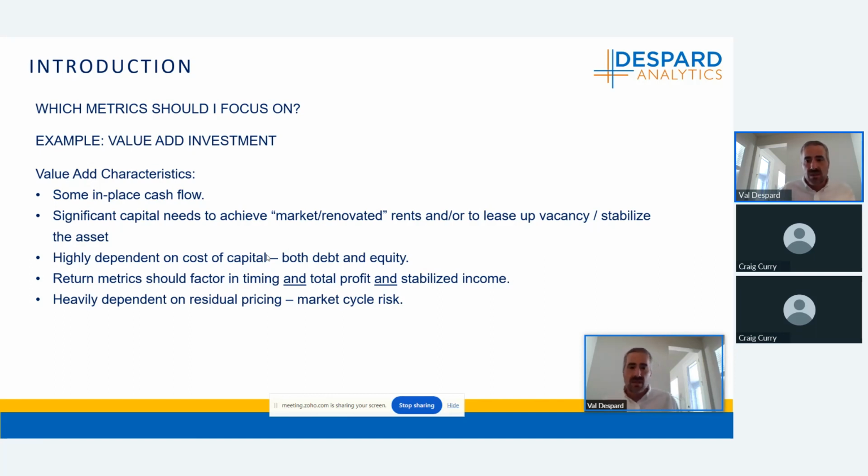Obviously, there's a big market cycle risk, timing risk, and not just pricing but timing. So the big risk in any value add investment is what's that residual sale, and how dependent are the returns on that sale. I'll get into that a little bit.